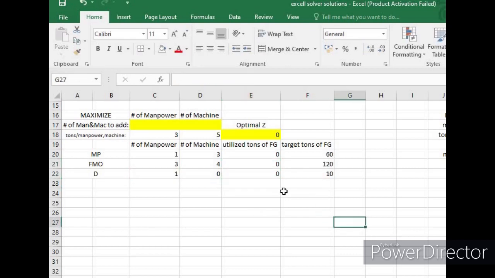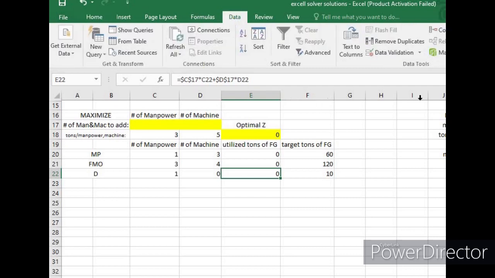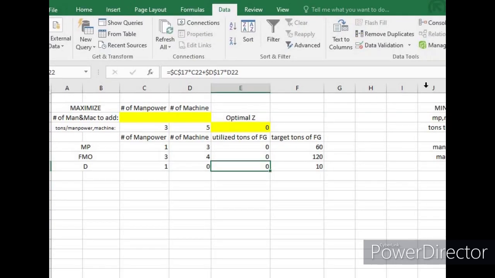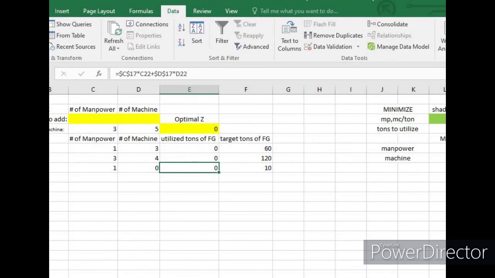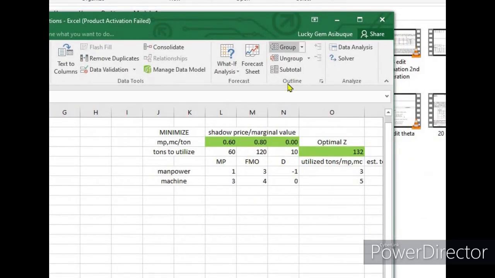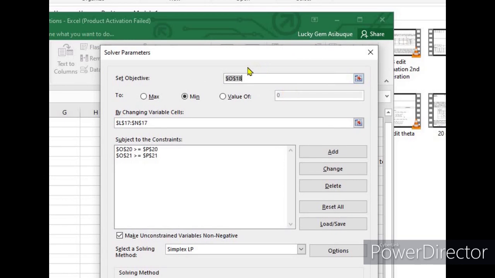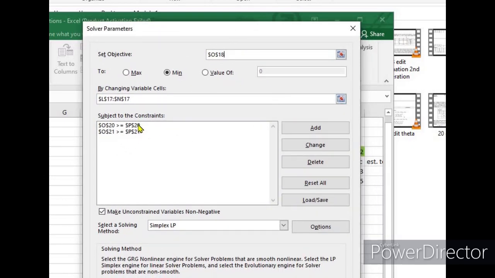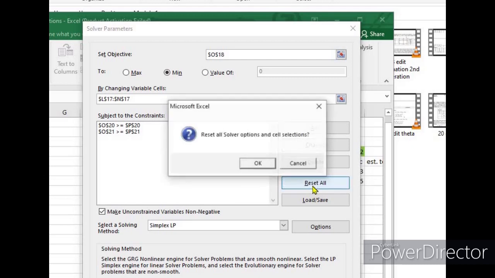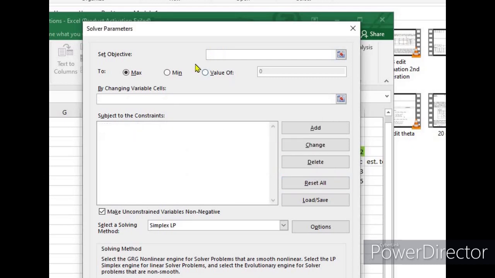The next thing you do is go to data again and click solver. So this is the solver. For the set objective, if there is data here, you can reset all first, to empty all the data.